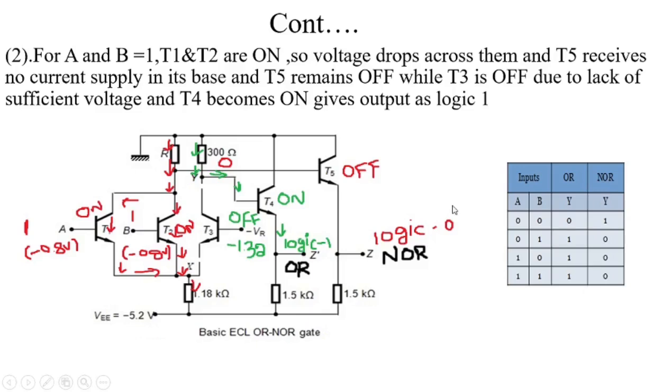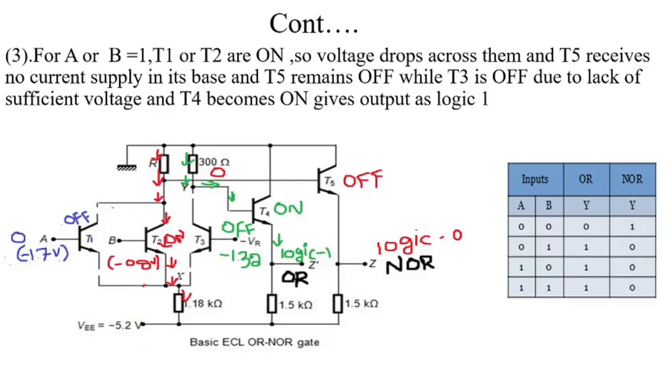The next possible combination of the input is when any one of the inputs is high and the other input is low, that is, for A or B equal to 1. The T1 or T2 transistor is on, so voltage drops across them, and T5 receives no current supply in its base, and T5 remains off while T3 is off due to lack of sufficient voltage, and T4 becomes on, giving output as logic 1.